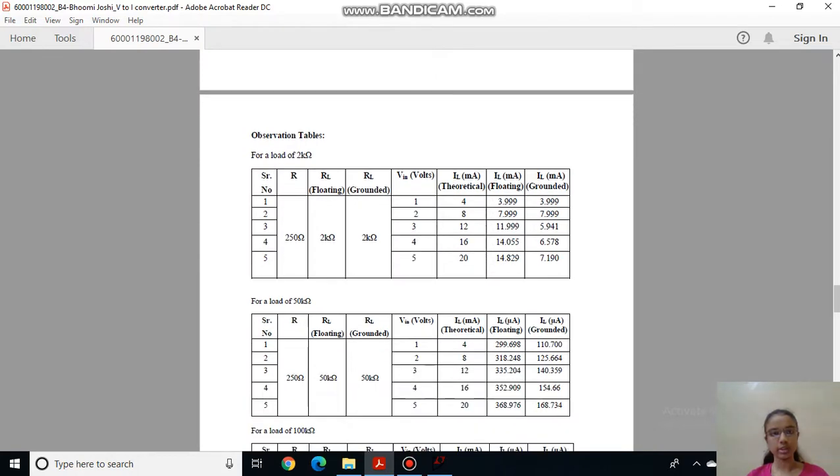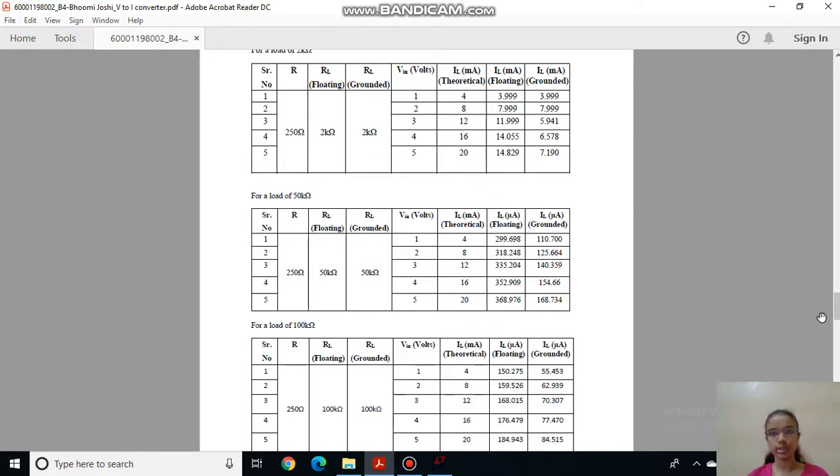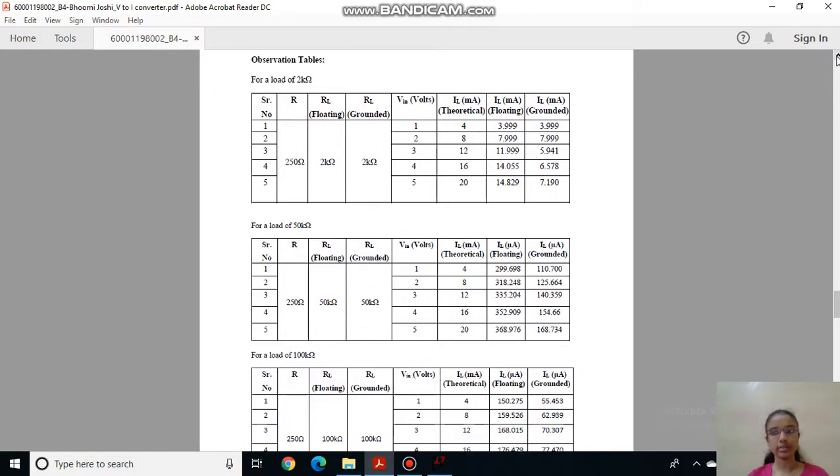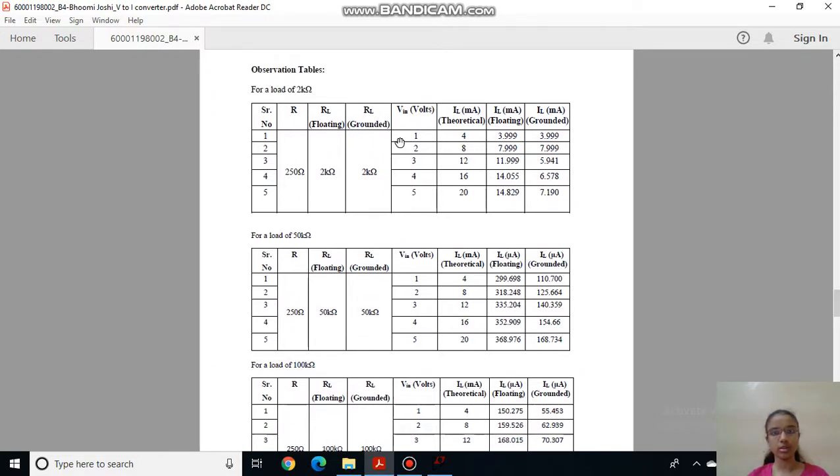As we can see, this is my observation table. Here I have taken various outputs for 5 input voltages. As we have seen, I have taken for 1 volt. This is for 2 volt.